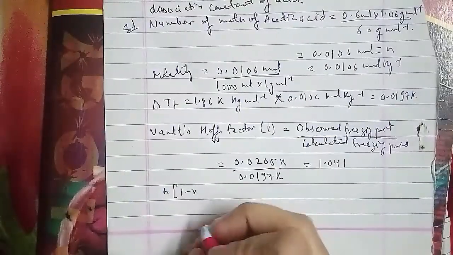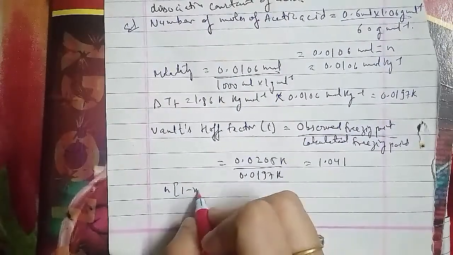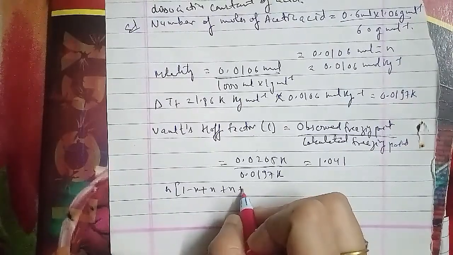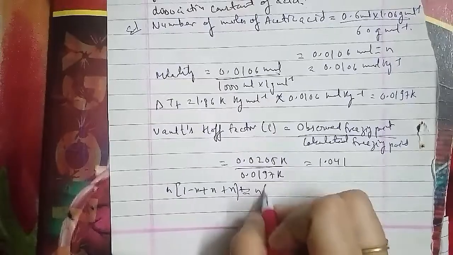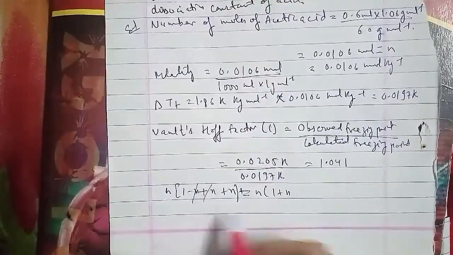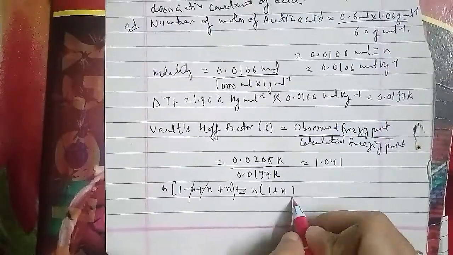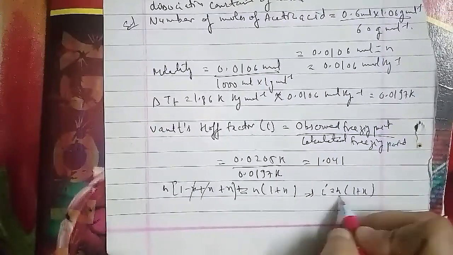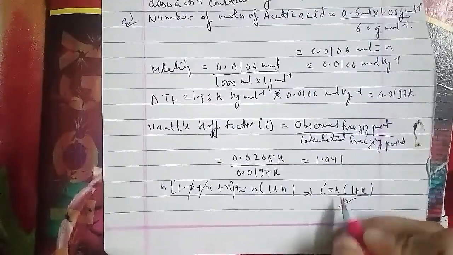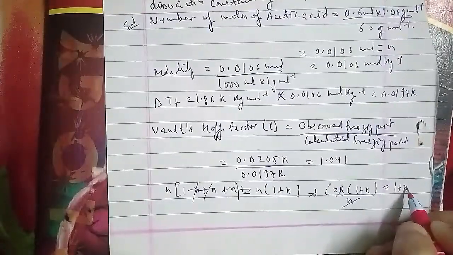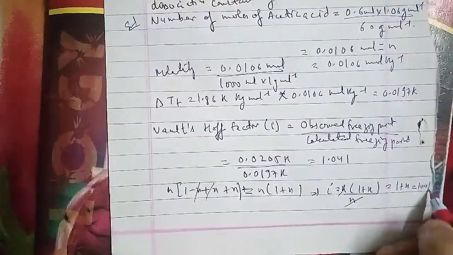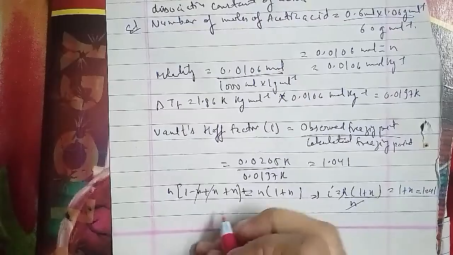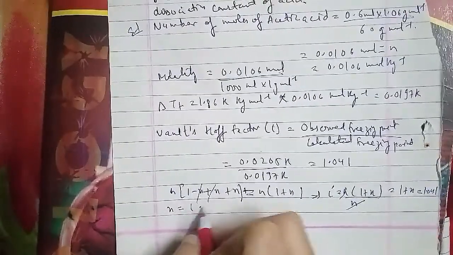Thus the degree of dissociation of acetic acid is x equals 1.041 minus 1.000, which equals 0.041. For CH3COOH, the concentration is n(1 minus x), equal to 0.0106 into (1 minus 0.041).